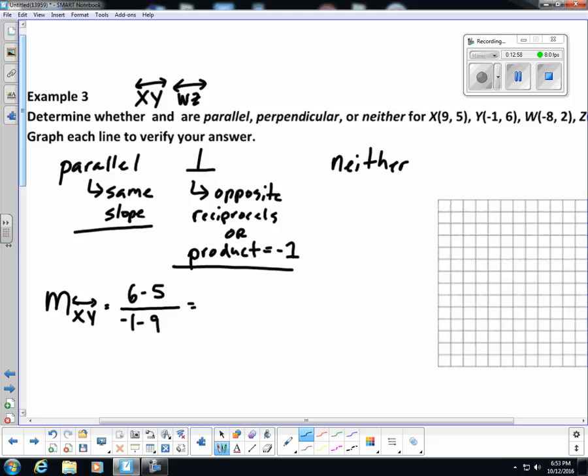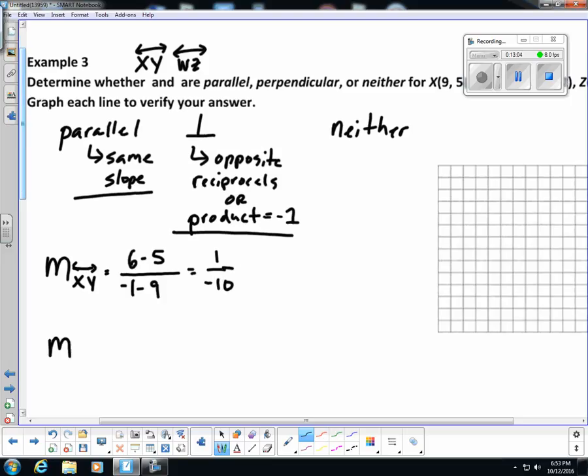I'm going to get 1 over -10. Then I'm going to find the slope of WZ. I'm going to take 4 minus 2 over 12 minus -8. That gets me to 2 over 20, which reduces to 1 over 10.